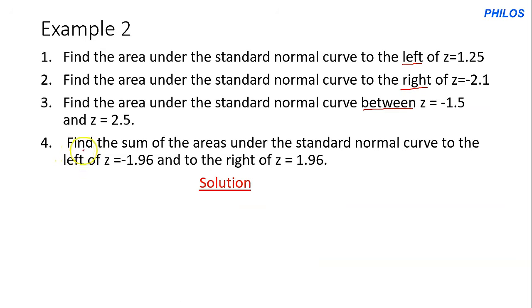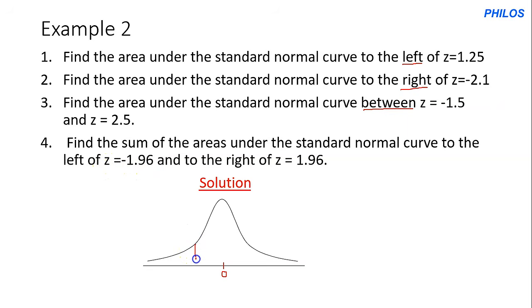Question 4 says, find the sum of the areas under the standard normal curve to the left of z equal to negative 1.96 and to the right of z equals positive 1.96. So to solve this too, we are going to sketch a curve. Now after sketching a curve, remember, the middle is always 0 in a standard normal curve. Okay, now we want z equal to negative 1.96.